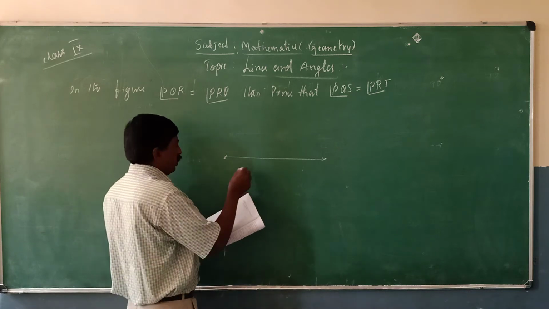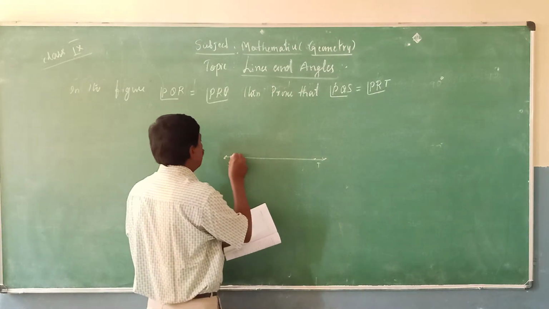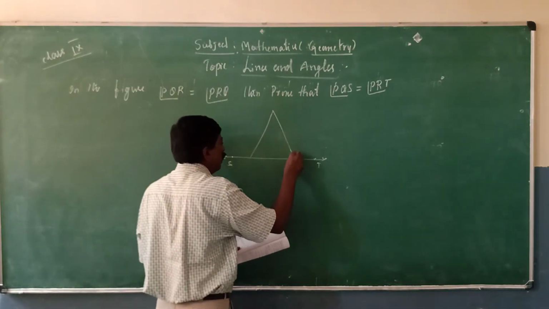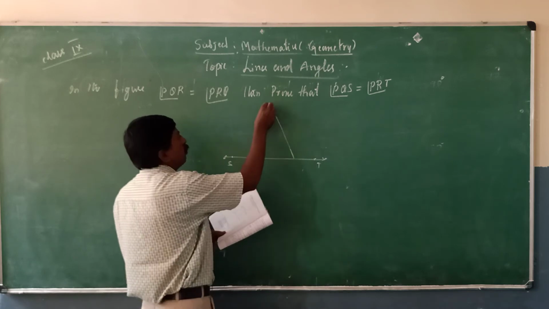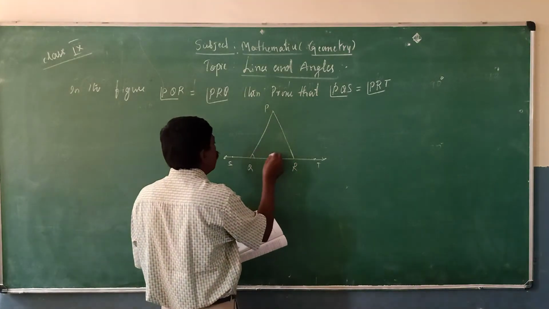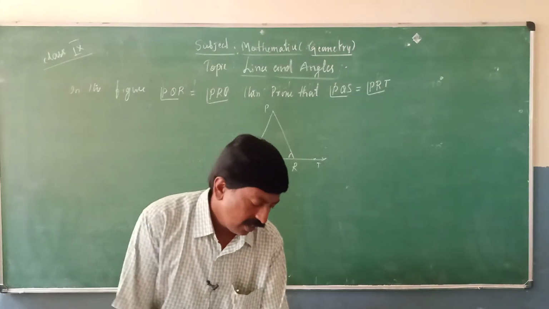That line is ST, and here is a triangle like this. That is PQR, and these two angles are equal. Very interesting one. Yes.